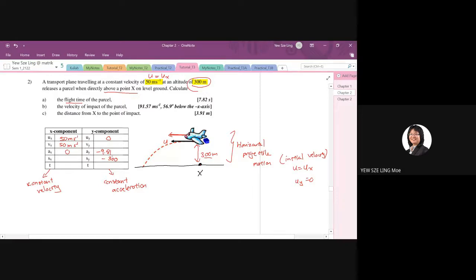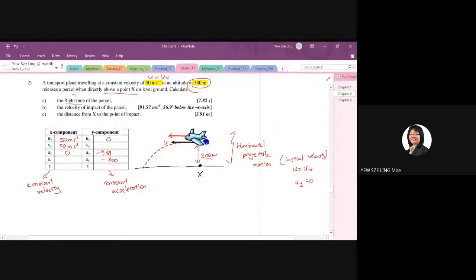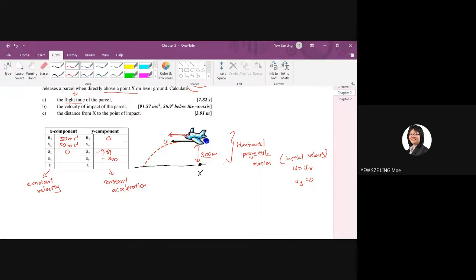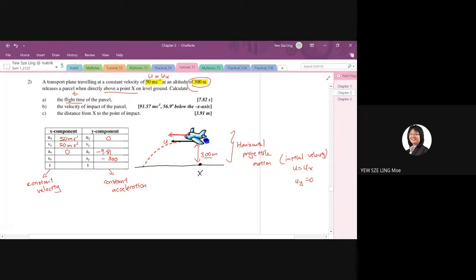And then how about time? Time, we don't have it. How do I know? Because the question asked me to find time, right? So let's see how we are going to find the time. If you look at the table, along the x component, obviously we don't have enough information.